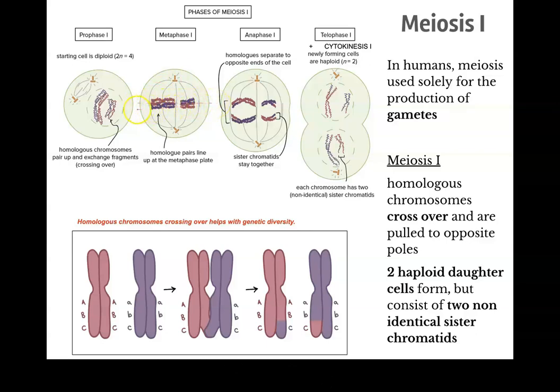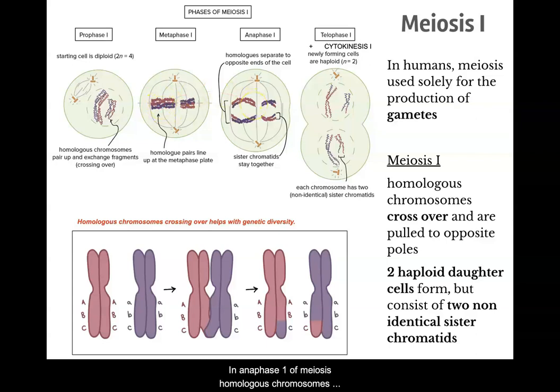The way they line up is the homologous pairs of chromosomes lining up with each other, instead of one by one in a line like we saw with mitosis. Here I can see crossing over has already occurred. That pink chromosome is lining up with its homologous pair, the purple chromosome, and that continues on for however many homologous pairs we have.